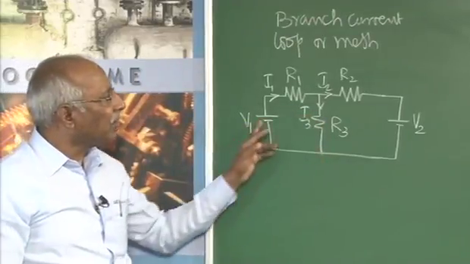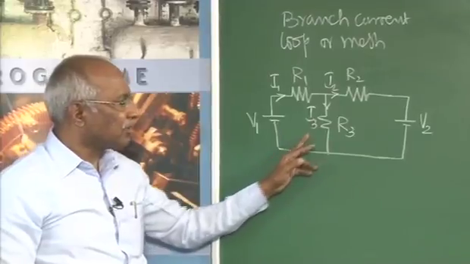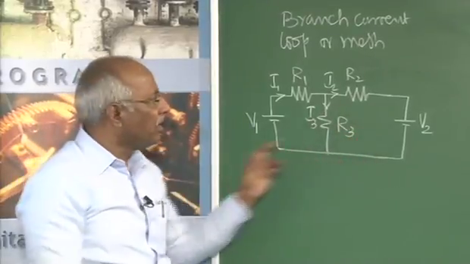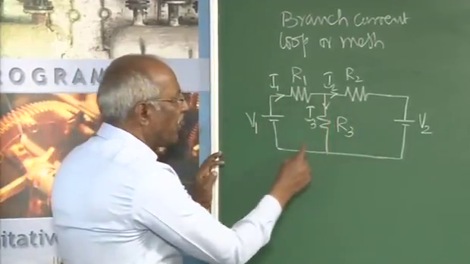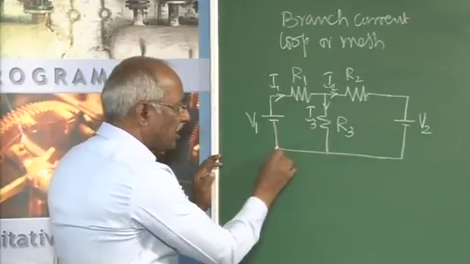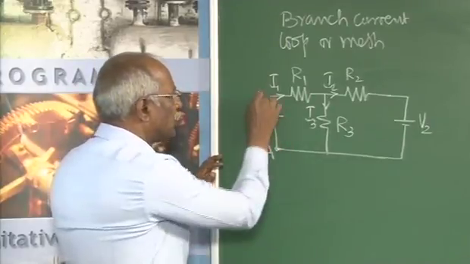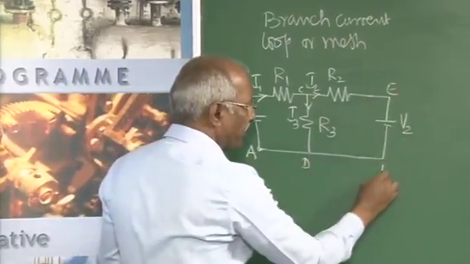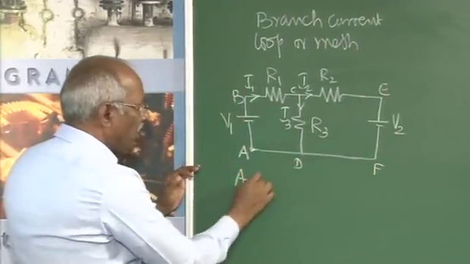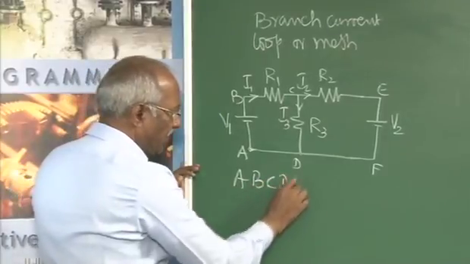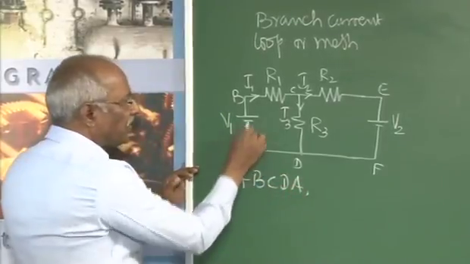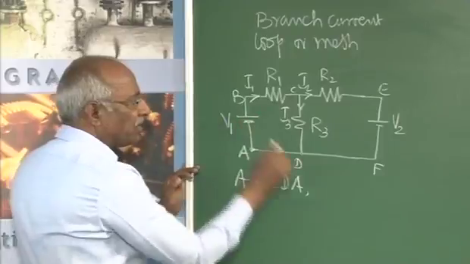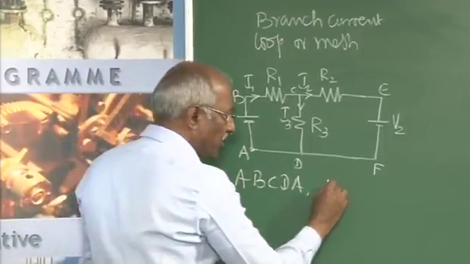Then go for Kirchhoff's voltage law for this loop as well as this loop. As far as this loop is concerned, if you start from here, for example, if I call it A, B, C, D, E, F, for the loop A, B, C, D, A, as I start from here, I am going from minus to positive, that can be taken as plus V1.